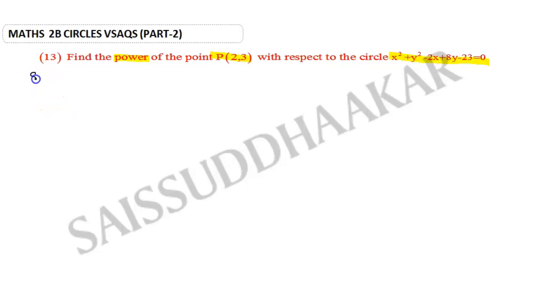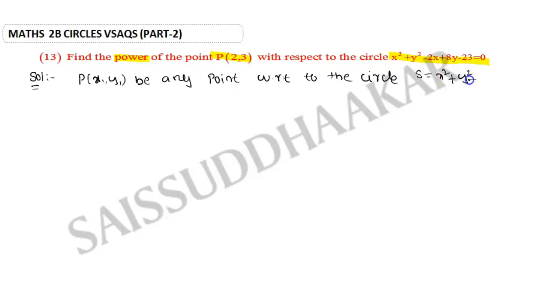So in general, solution: let P(x1, y1) be any point with respect to the circle S = x² + y² + 2gx + 2fy + c.